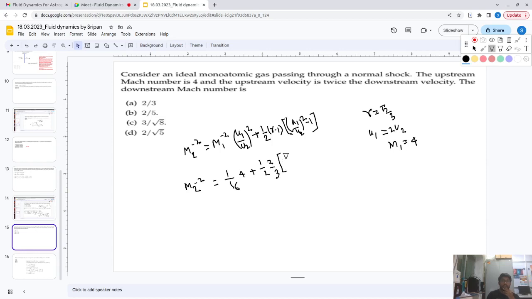So 4 minus 1, okay, the 2 is cancelled out, this is just 1, so this should be 1 by 4 plus 1, so this should be 5 by 4, right? So m2 square will be 4 by 5, therefore m2 will be 2 by root over 5. Okay, so this will be your answer.